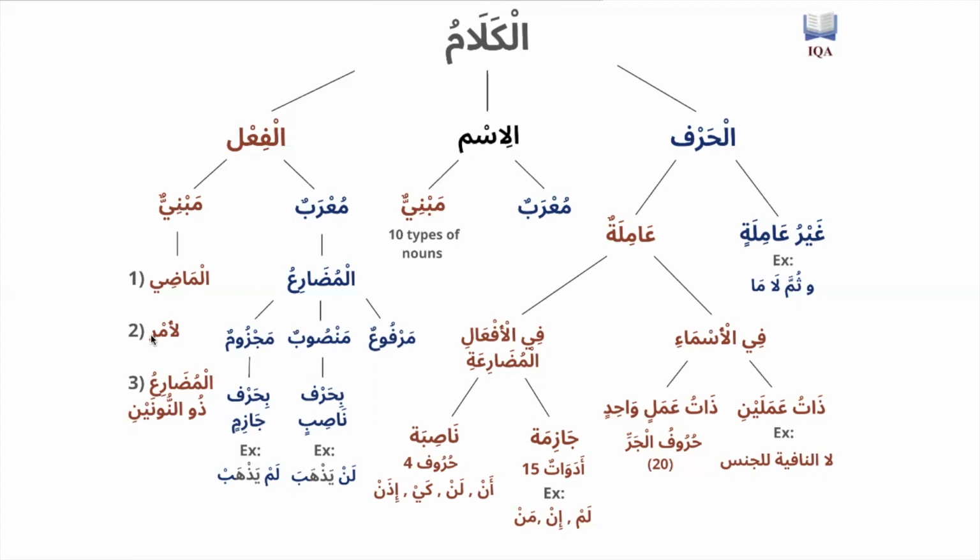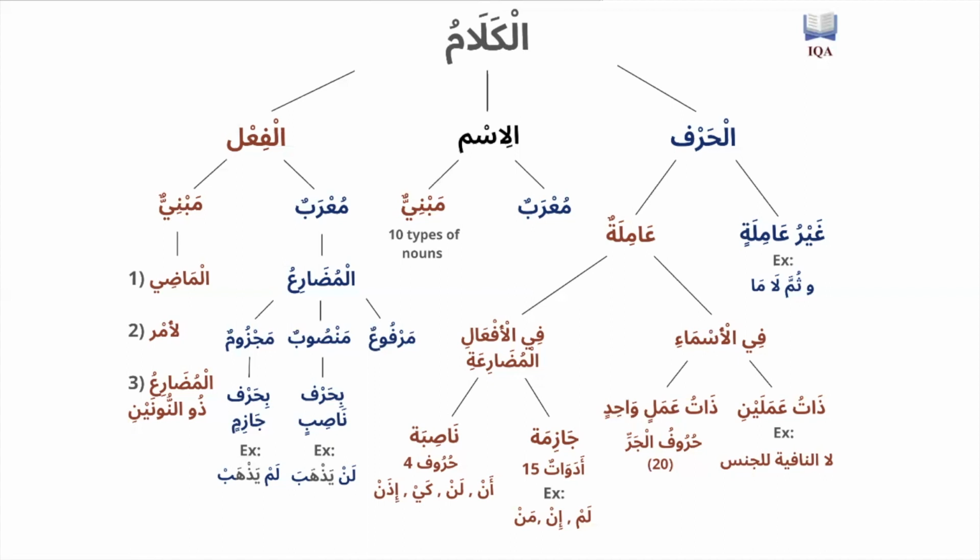And the verb of command, according to the school of Basra, is also mabni. So for example, qul, ijlis, idrib, all these verbs are mabni. And then finally we have al-mudari' dhun nunayn, the fi'l al-mudari' that possesses one of the two noons. What's meant here is a fi'l al-mudari' that has nun al-tawkid attached to it, so yadribanna, for example.